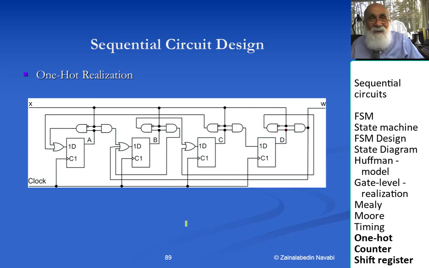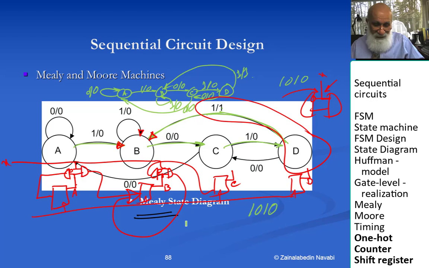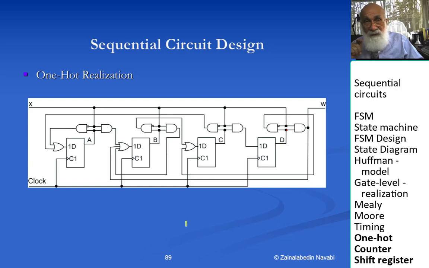Why one-hot? Because the same way that at any point in time you're only in one of these states, or one of these states is active, in this diagram also, at any point in time only one flip-flop output is active. All other flip-flop outputs are 0, and therefore you have to start with 1 0 0 0, and then the next state becomes 0 1 0 0, the next state 0 0 1 0.